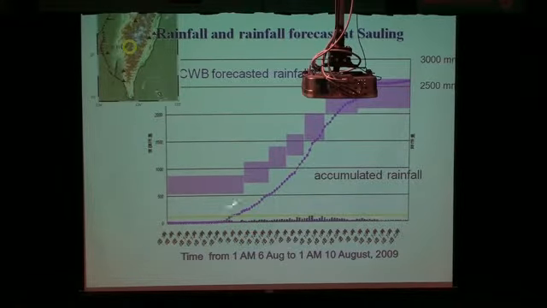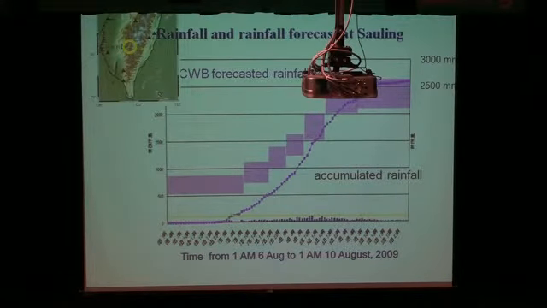This diagram shows the observed rainfall like this, and these bars represent the Central Weather Bureau's forecast, with the lower bound and upper bound for this area. They modified the forecast: originally from about 500 to 800, and then from about 700 to 1100.